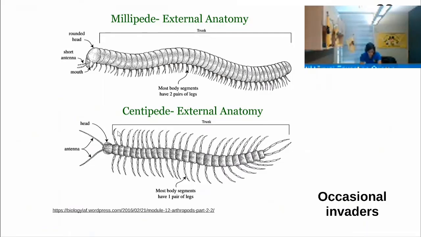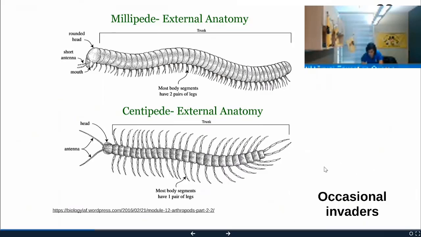The centipedes also have 2 body parts, the trunk and the head, but they have longer antennae, 1 pair of legs per segment, and you see the cerci here, which looks like a tail, but it's not. Okay, they are considered occasional invaders.